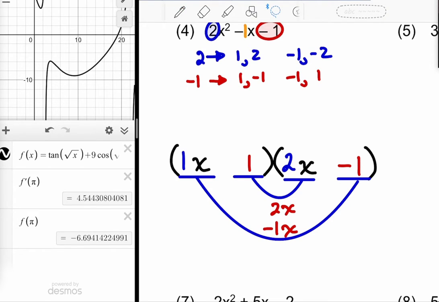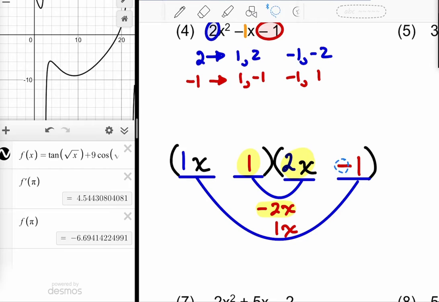So let's take the exact opposite of each of these factors, or products anyway. So let's say that this is -2x and positive 1x. -2x plus 1x, that would get the job done. So in order for this to have resulted from these two multipliers, one of them would have had to have been negative. All right, the 2x is fixed. We already established that that's going to be a positive 2x.